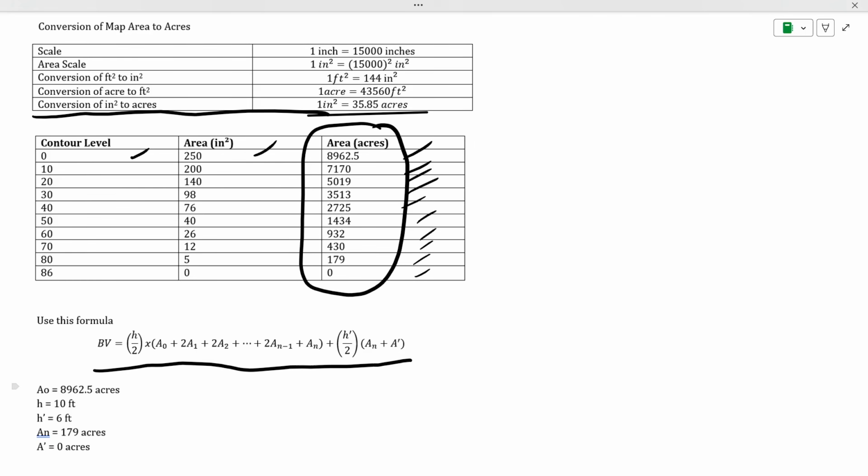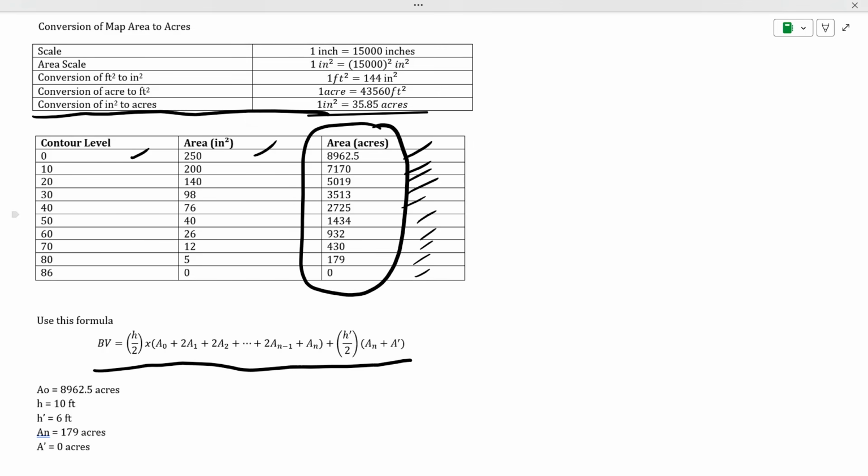So let's have an assumption here, for simplicity and demonstration: we assume that all intervals satisfy the conditions for applying this trapezoidal method, and no irregular spacing or missing contours are considered.